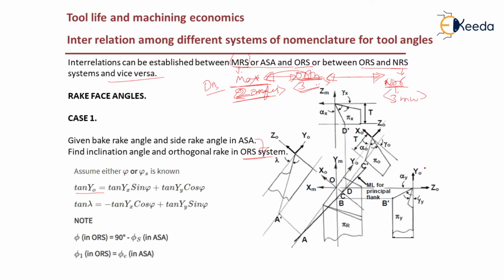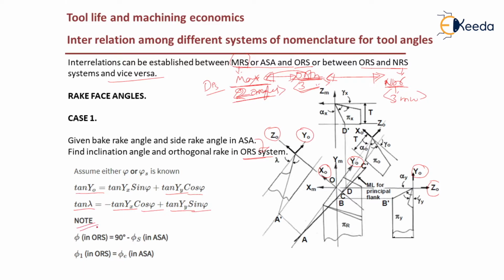The planes shown here are y naught, x naught and z naught. Tan γ naught equals tan γx sin φ plus tan γy cos φ. Then tan λ, the inclination angle, equals minus tan γx cos φ plus tan γy sin φ.